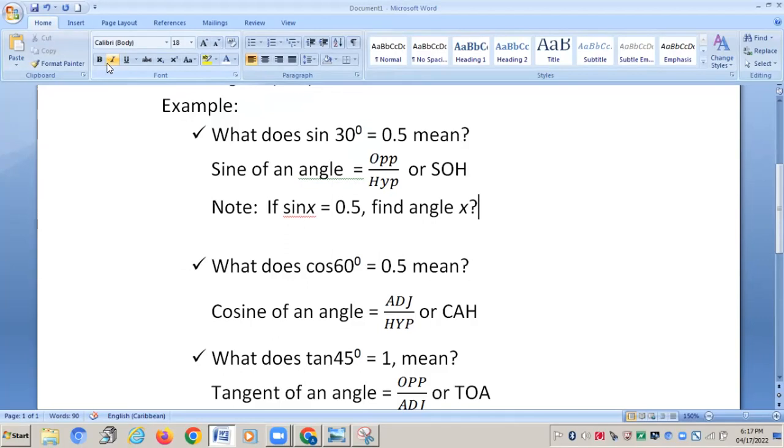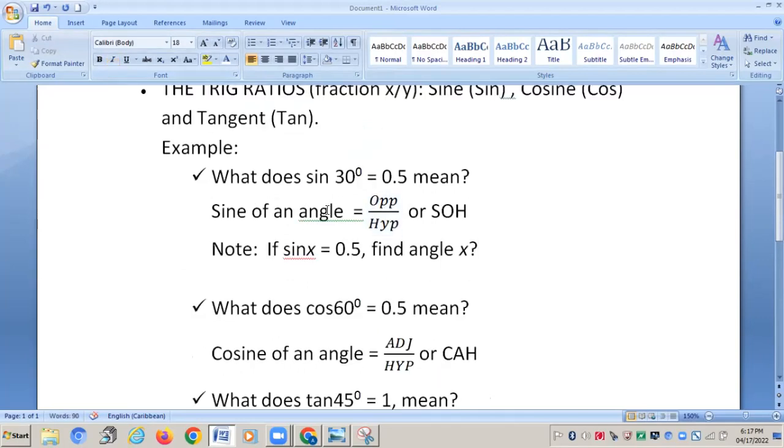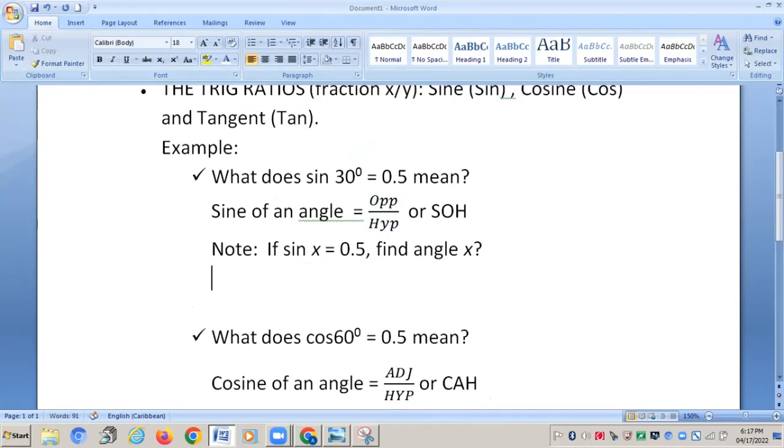Well, we know it's 30. Look at the first one: sine 30 equals 0.5. But suppose I come to you and say, I'm not telling you what x is. How would you find angle x? You're going to use your scientific calculator. This is what you're going to have to do.